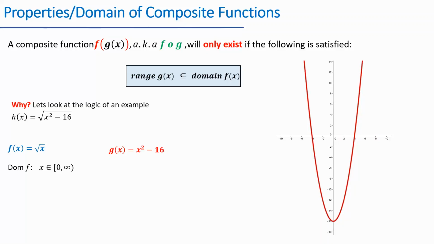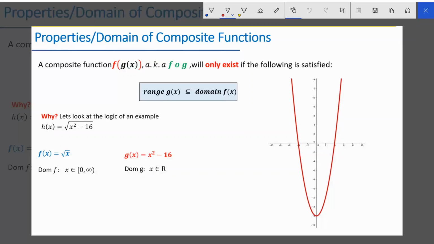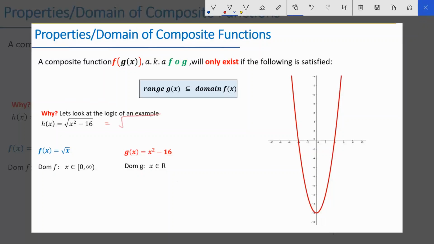Okay? If I asked you for the domain, you'd say the domain is all real values, so no issues, right? But if I asked you to write this as f of g, this is now written as x squared minus 16. This is your g of x. You're substituting g of x into f of x. So if we draw the machines, let's draw the machines again. This is x squared minus 16.